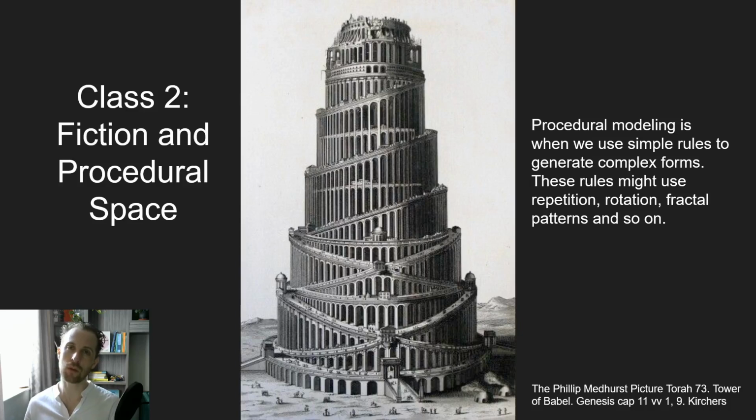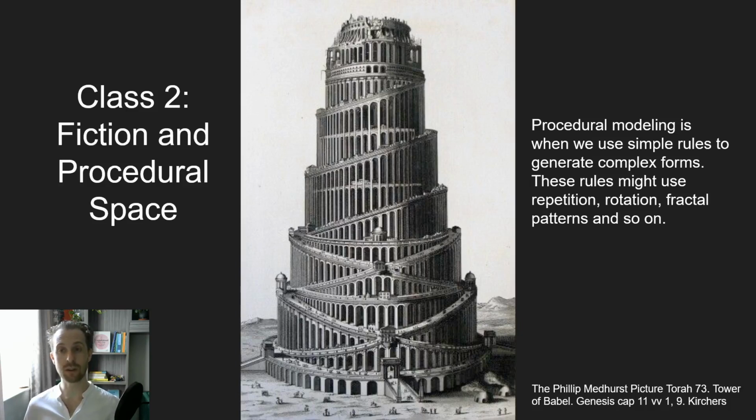Basically, the wonderful thing about a computer is that a computer can take a simple rule and repeat it many, many, many times so that we can have works of quite beautiful complexity made with a minimum amount of manual effort.